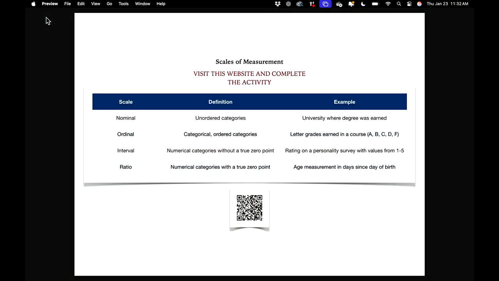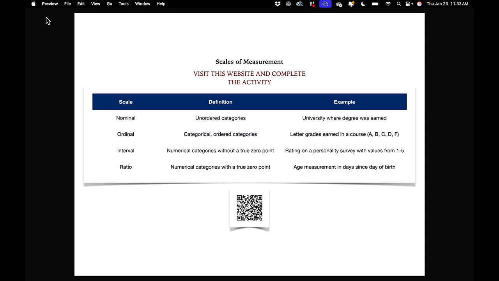So here we have that graphic within the course book here. Now, I want to point out right above this table, you see there's a link. Visit the website and complete the activity. This is, of course, optional, but if you go to that website, it gives you the opportunity to match particular kinds of data to what kind of scale it is, which is a really great exercise here.